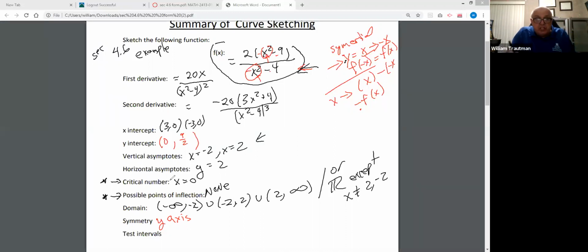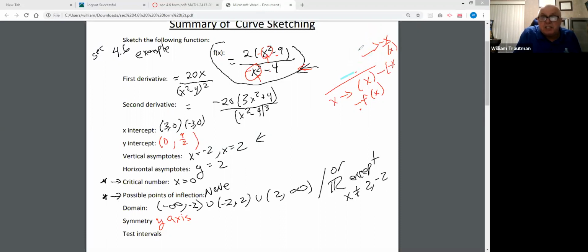Let me do the test intervals. So now we have to put it in our table, our test intervals. What did we use? If you remember what we used to find the test intervals, I'm going to erase some of this here.